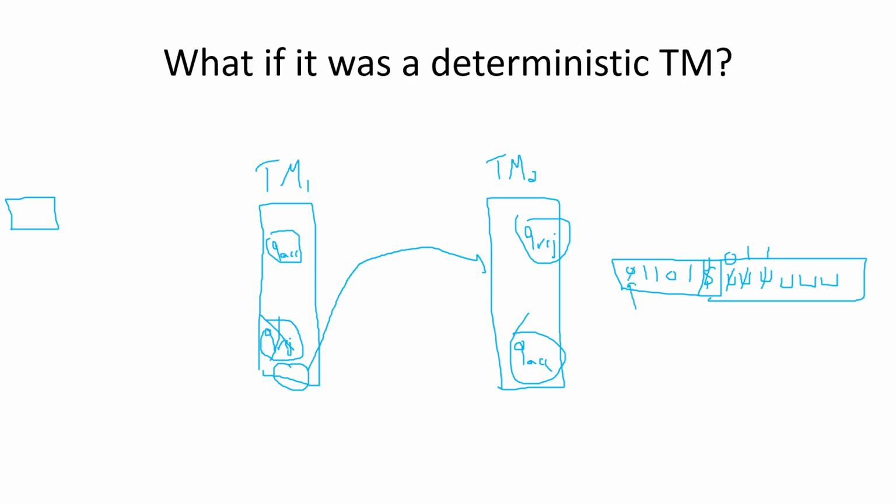This is 0, you'd make it an X. You'd go over here and write a 0. Then you go back, make this a Y, then you go over here and write a 1. Then when you're done copying, you move to the left and reverse everything you did. You'll make the Y a 1 again, and the X you'll make a 0 again, kind of like reflipping. So it's possible, you can do it.